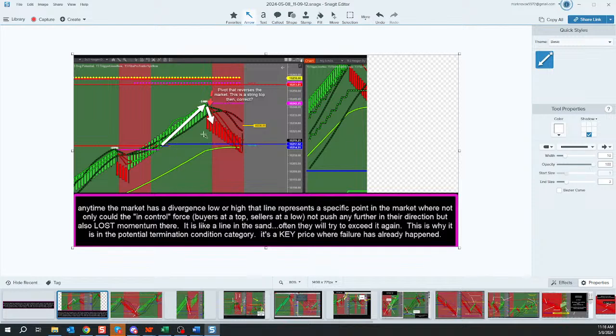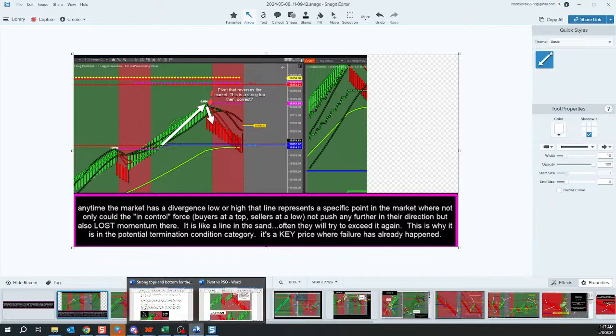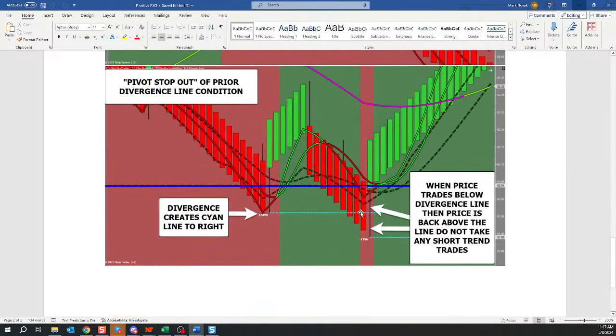Not only does this line represent where the buyers couldn't go any higher, but you can also see that the momentum was lost as well. So this becomes like a line in the sand. This is the sellers pretty much saying to the buyers, let me tell you a story. If you come back and try to cross this line in the sand, we're waiting for you.